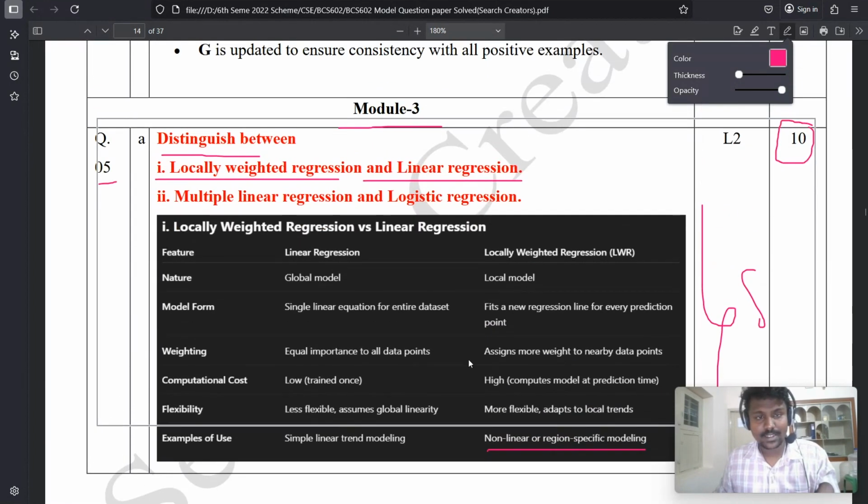The second is multiple linear regression and logistic regression: distinguishing these two types.